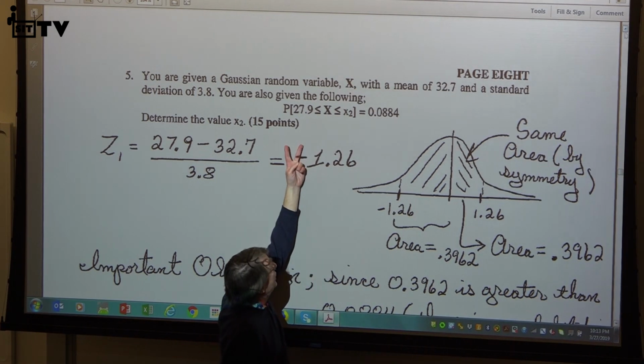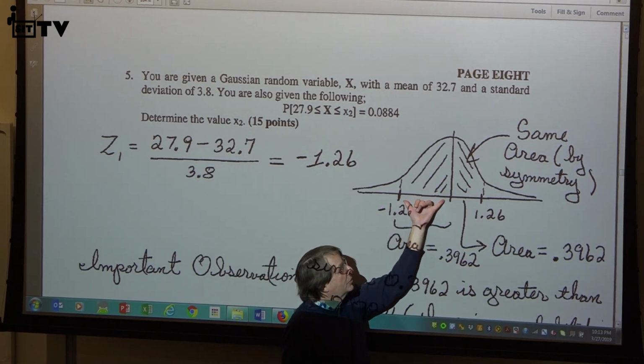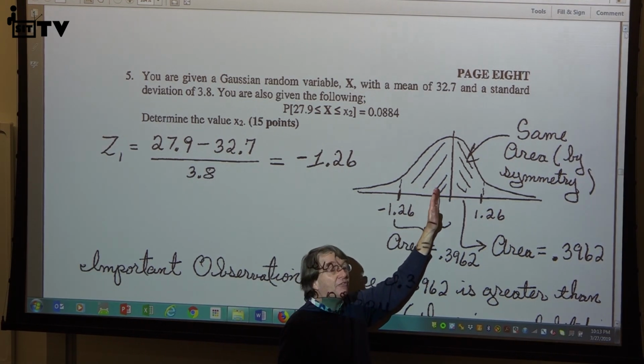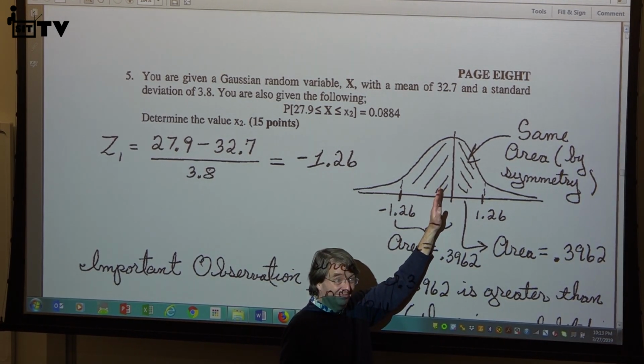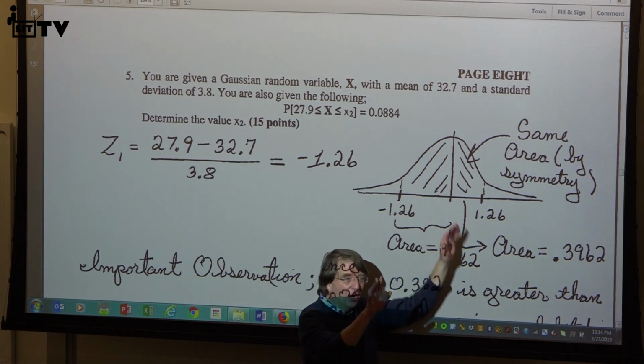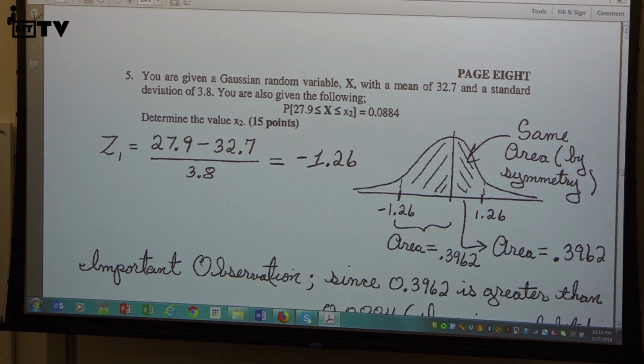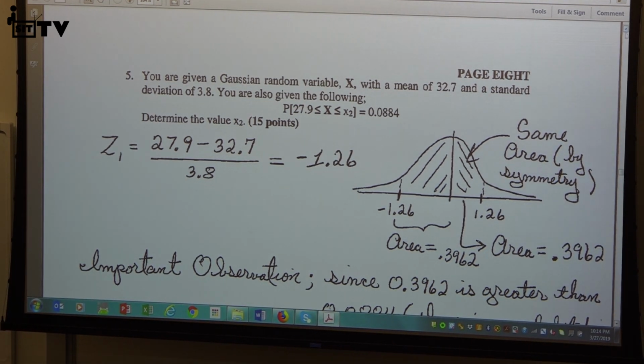But the area between our two numbers is about 0.08. So it has to be to the left of the origin. Right? Isn't that nice? Now we know it's negative. And then the rest, I gathered you followed the rest of it. We're good?